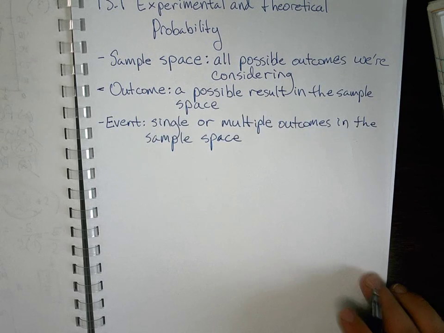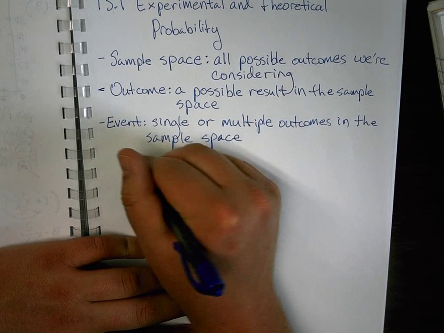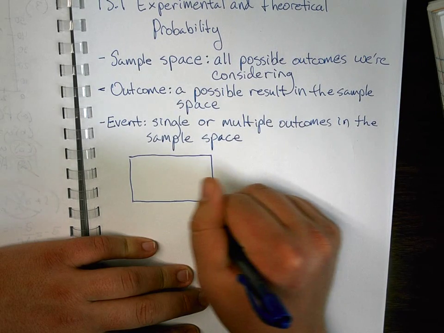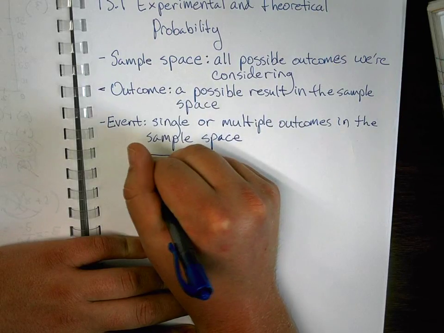Okay, so if you were to draw it out, it might look something like this. Could you slow down just a second? Sure. Can you move it down a little bit too?